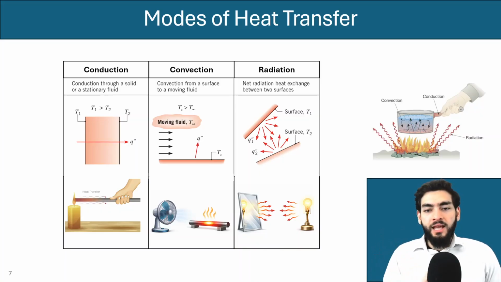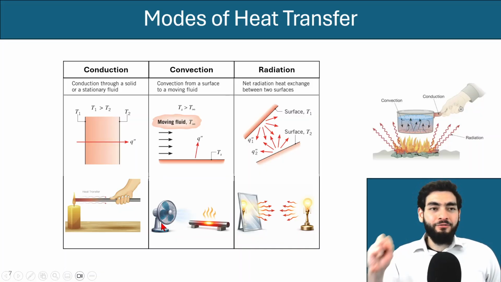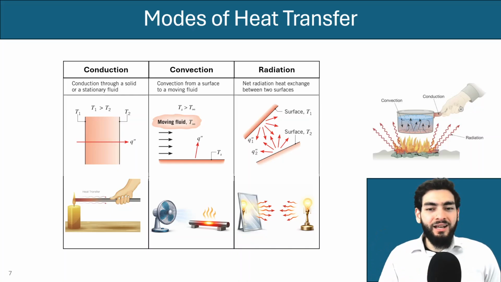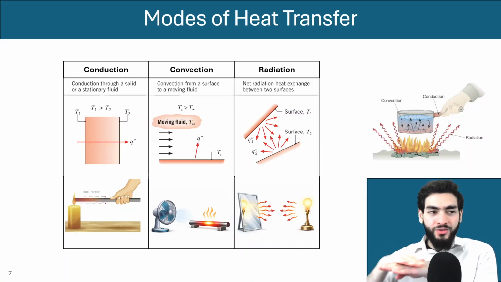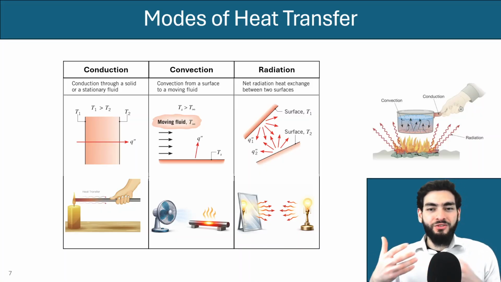That is convection. Another example: let's say you have a fan blowing onto a hot surface, and you're trying to cool something that's very hot. The fan pushes air, moving the fluid onto the hot surface, and as the fluid moves over that surface, the surface gets cooler.